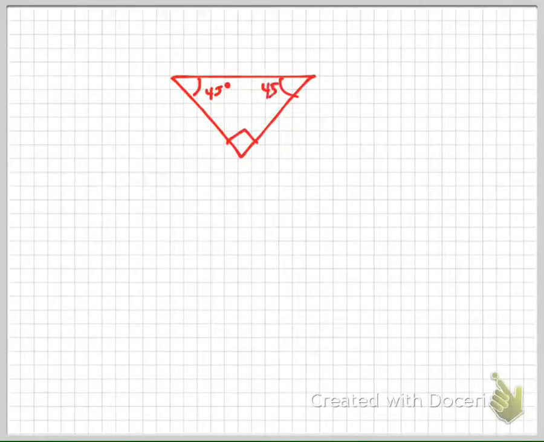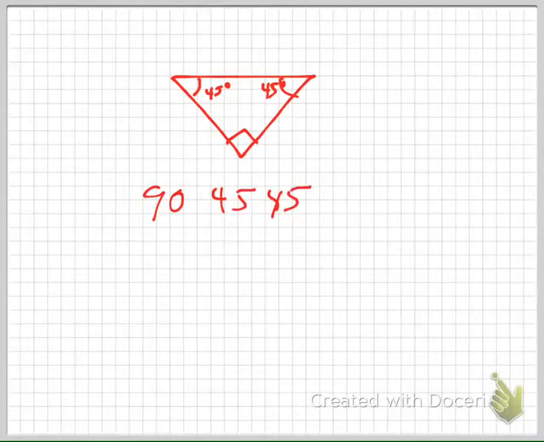If this is an isosceles right triangle, then this length and this length have to be the same, which means these two angles have to be 45, because the sum of the internal angles of a triangle is 180 degrees. So the special triangle is called a 90, 45, 45, right?